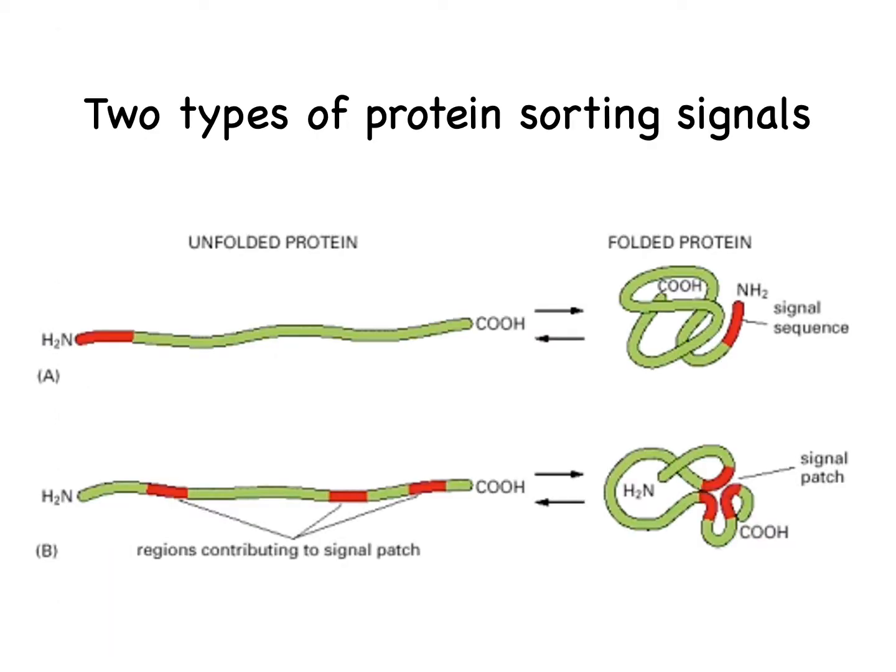Now, of course, we need to have some signals to direct this, and there are a couple of signals that get things going. In other words, direct the protein to the membrane surface, either to the ER or to mitochondria.